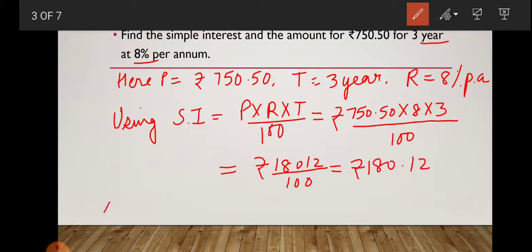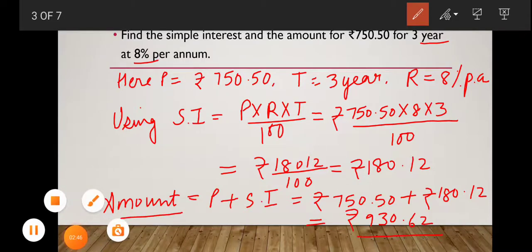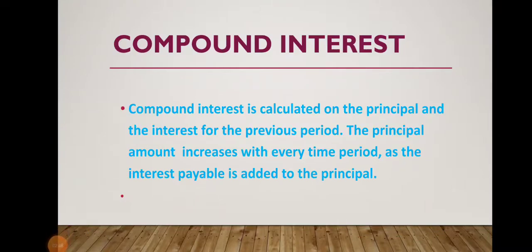Now to find the amount, amount is equal to principal plus simple interest is equal to rupees, principal is 750.50, interest is rupees 180.12. On adding we get rupees 930.62. So the amount is 930.62 rupees.